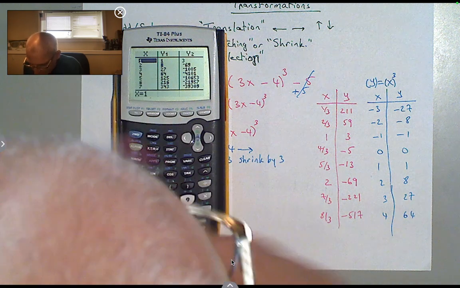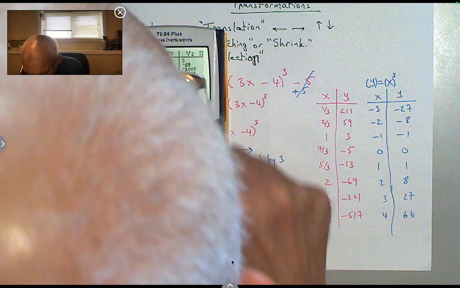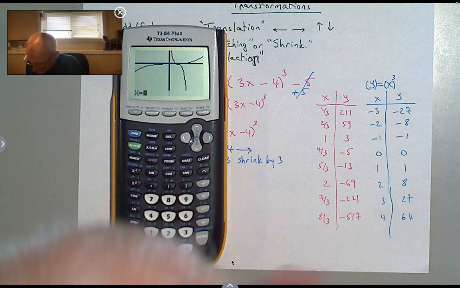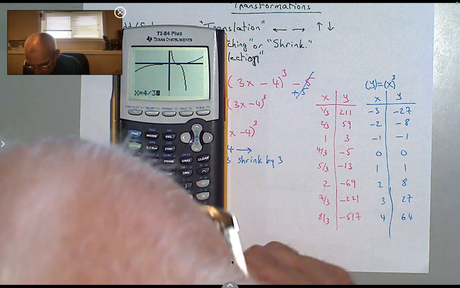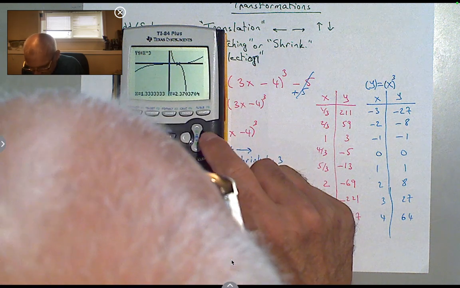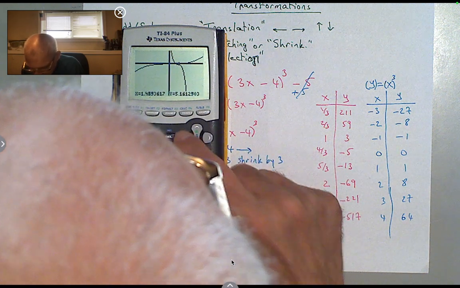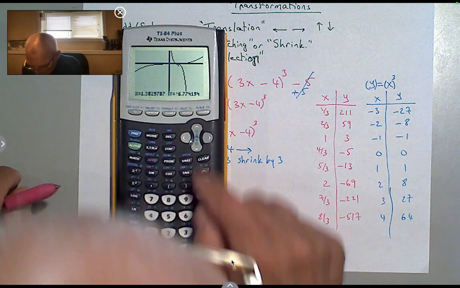But we did, for example, you can do second calculate and find the value, and let's say x is 4 over 3. Okay, it asks you, are you talking about the first graph? No, I'm talking about the second. So oops, no, I think I should have done that.